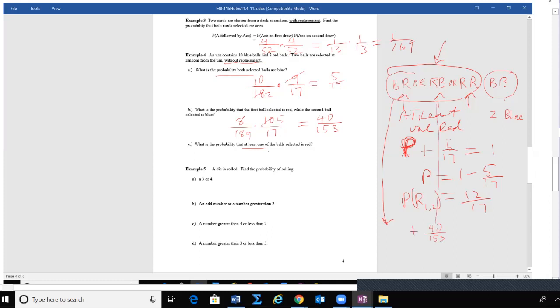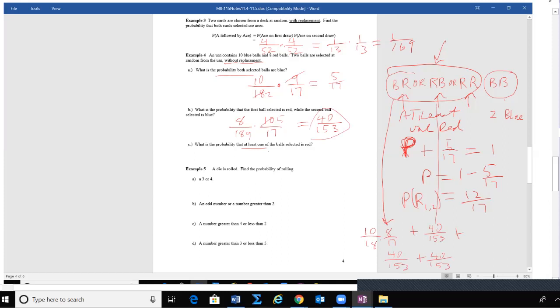The first one, blue with red, is going to be the same thing. It's going to be 10 over 18 times red, which is 8 over 17. But notice that was the same as this computation here. It's 40 over 153. So you're going to add those together.